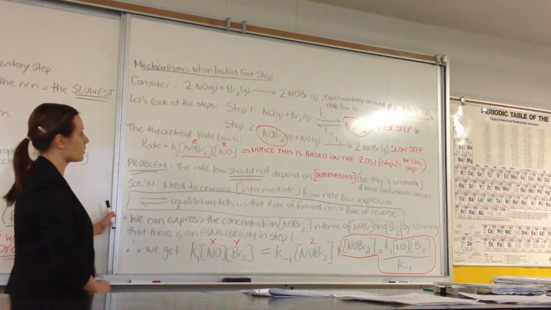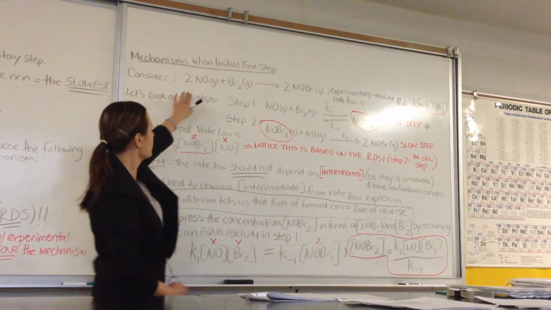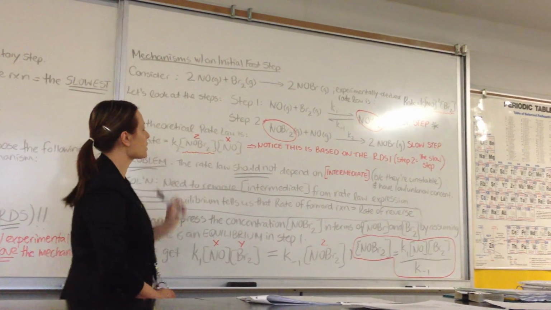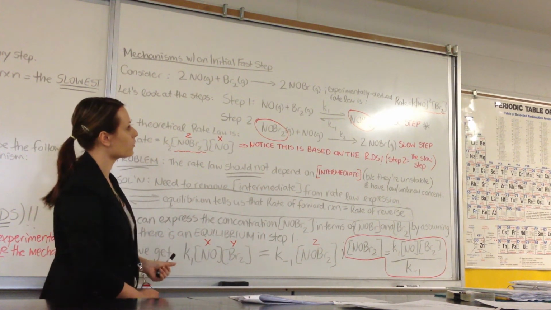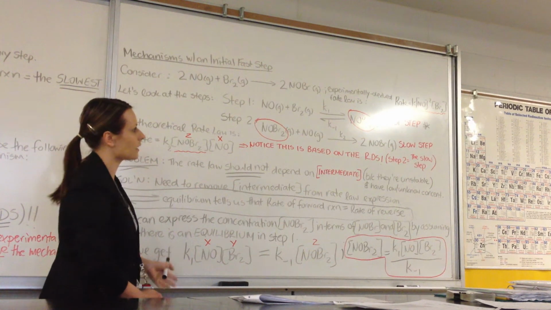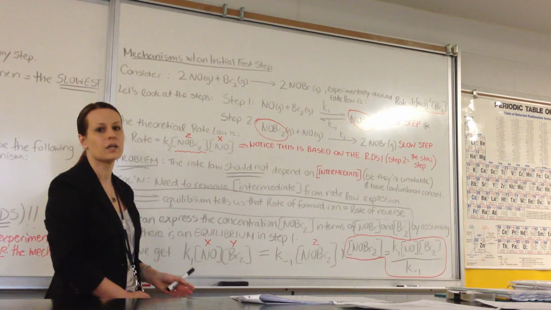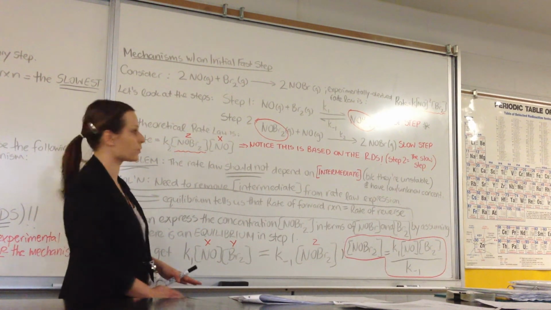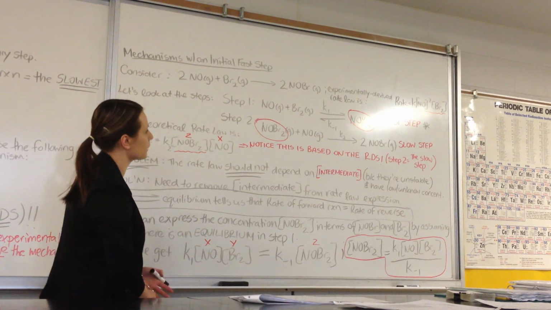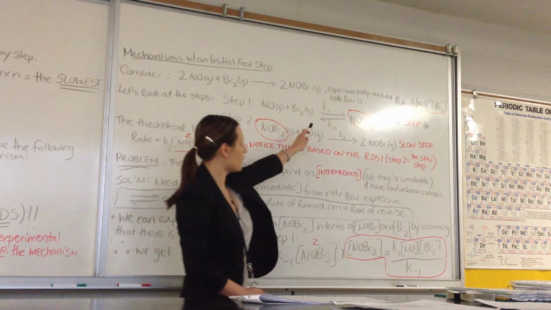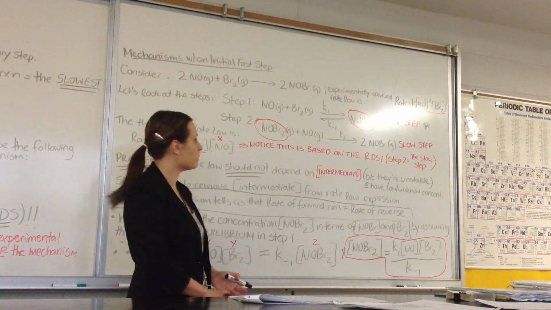Okay, so let's consider another reaction. This one, for example, will be 2 nitrogen monoxides plus bromine gives us 2 NOBr. Our experimentally derived rate law for the reaction is second order with respect to nitrogen monoxide and first order with respect to bromine, which gives us an overall order of 3. Let's look at the steps. The first step, NO plus Br2, gives us a double-sided arrow, which means that this is in equilibrium.